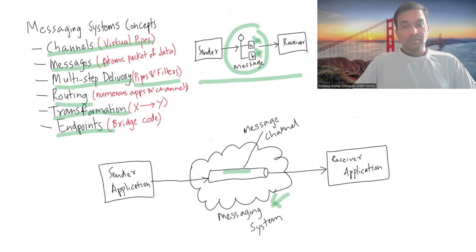Like I said, it's the responsibility of the developer who is trying to integrate the sender application and the receiver application to decide what kind of data they want to transmit between these two applications, and what kind of channel it might need. And this is a virtual pipe which will be connected from the messaging system to the sender application, and on the other side, it is connected to the receiver application. I would stop here and dig deeper into these messaging concepts in the coming sessions.